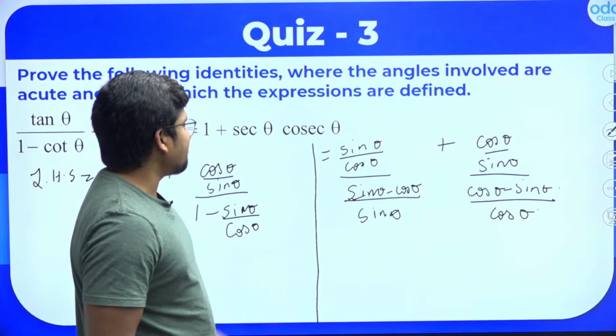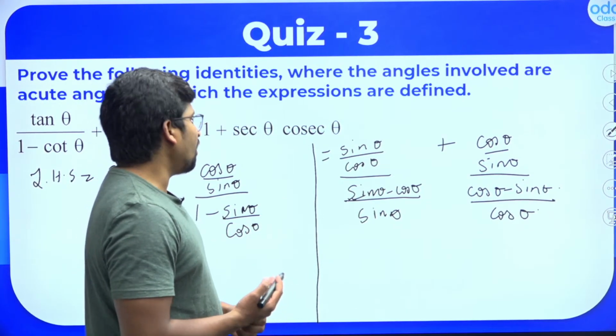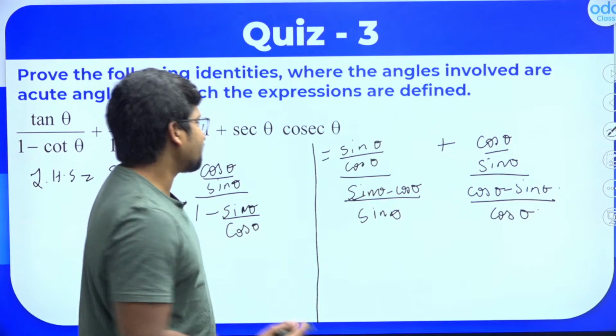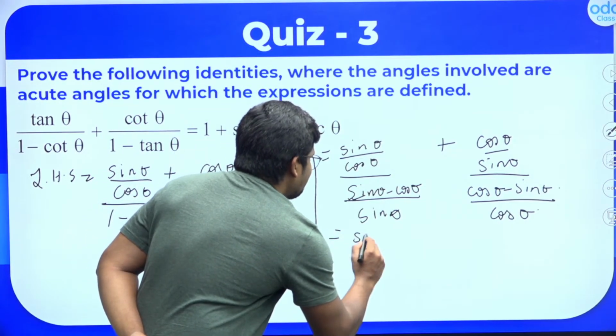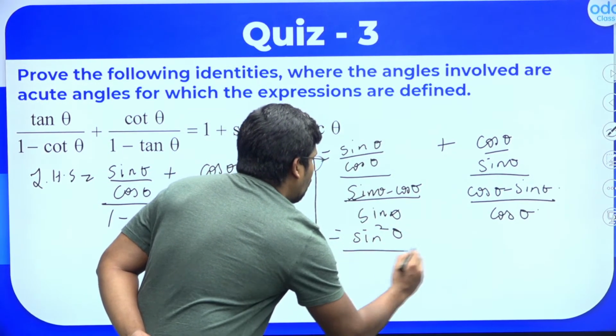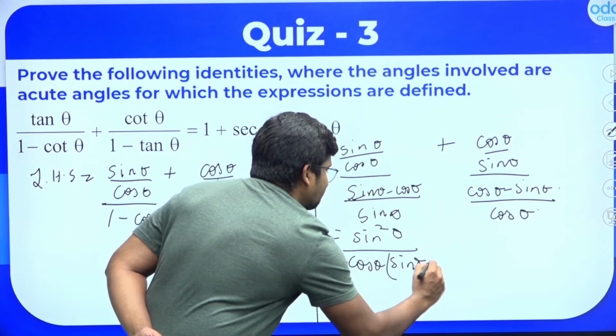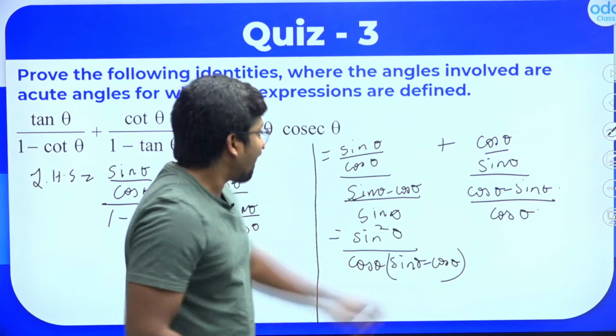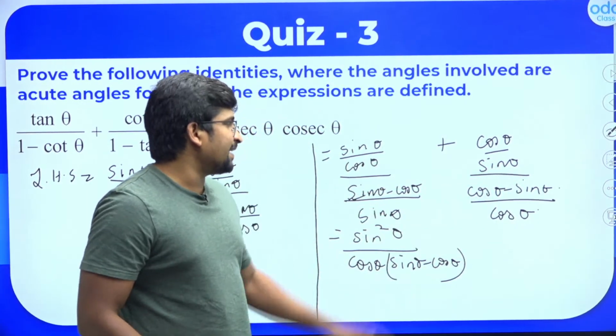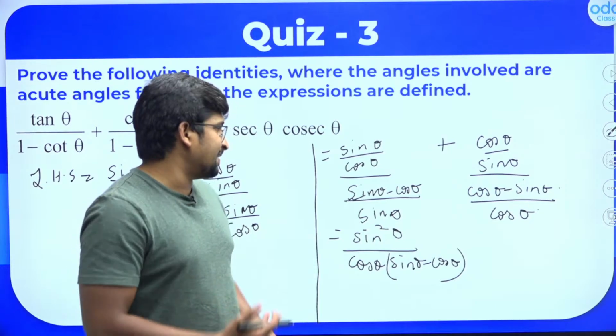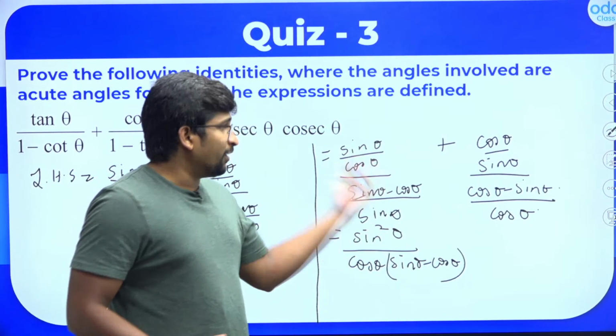Now let's take the LCM, sin theta by cos theta whole divided by sin theta minus cos theta by sin theta. So this will become sin square theta whole divided by cos theta into sin theta minus cos theta. This is what it will be. And here again cos theta by sin theta whole divided by cos theta minus sin theta divided by cos theta. When you divide it, what happens?